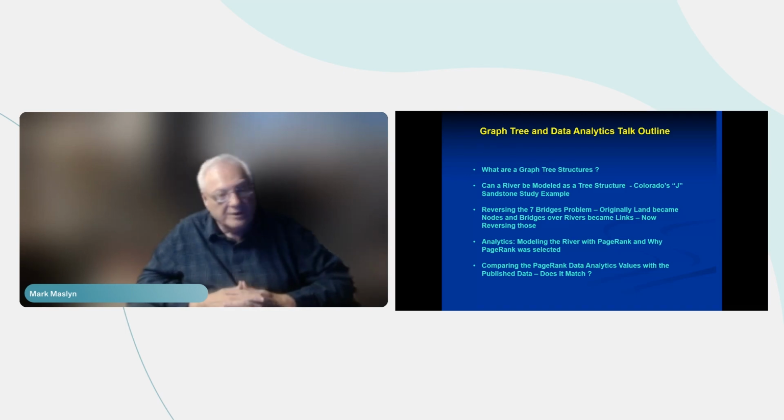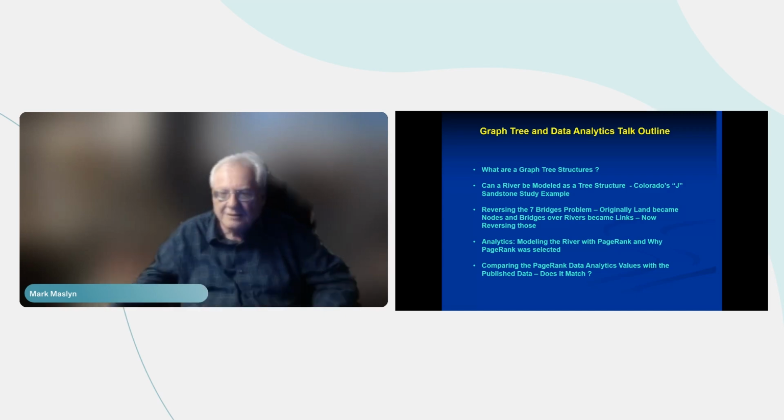Now we're going to reverse those. And then we're going to get into the data analytics, modeling the river with PageRank, and why PageRank was selected when there are so many different kinds of algorithms you can use. And then in the final part of the talk, we're going to compare what PageRank told us with the published data and answer, does it match?